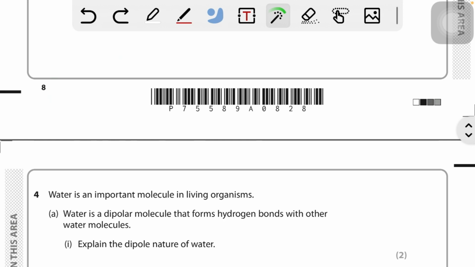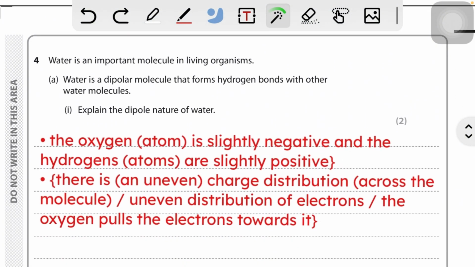So it shows the dipole nature of water. As there is an uneven charge distribution across the molecule, the oxygen pulls the electrons towards it. Okay, so let's see the answer.